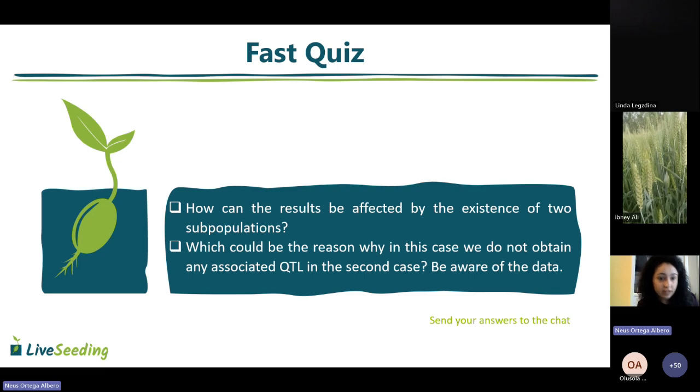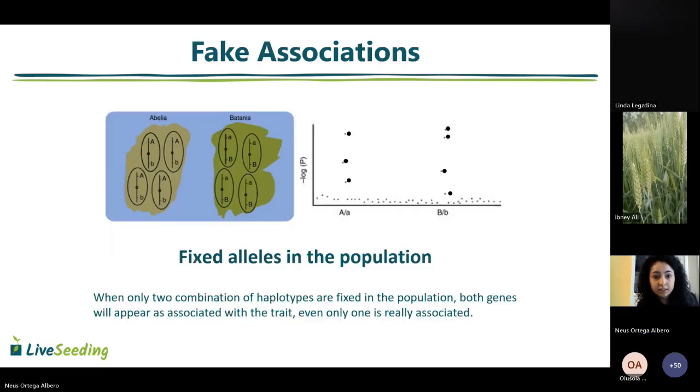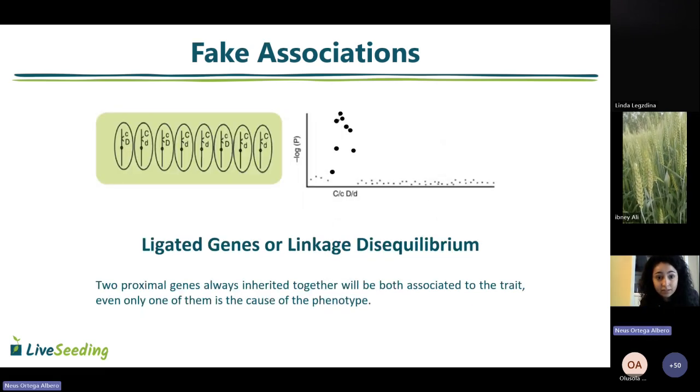It can happen in this case that we do not have all the alleles represented in the population, and we are not able to make a real correlation between gene and allele, or also another thing that would happen. Okay.